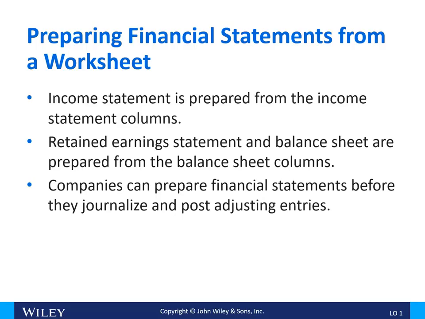It doesn't mean that we've adjusted and posted those, or actually done the journal entries. So now we can create the financial statements, and then we can go journalize and post the adjusting entries. Okay, so either way is appropriate, and you can be done. It's just a matter of style and how you want to approach it.